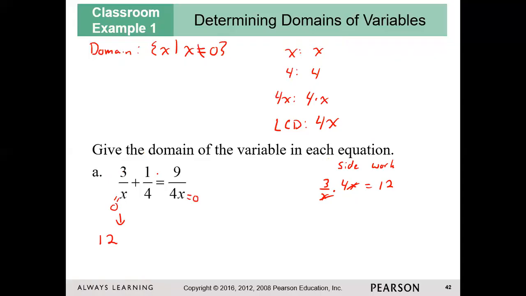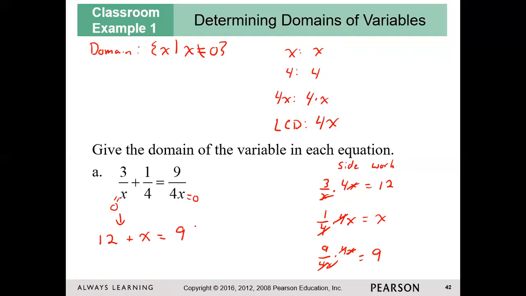Then I'm going to take the second fraction, which is 1/4, and multiply that by 4x, and this time just the 4's cancel, and that leaves you with 1 times x, which is just x. So plus comes along for the ride, and then this 1/4 is just an x now. And then last but not least, we have this 9 over 4x, and if I multiply it by 4x, the 4's cancel, and the x's cancel, which leaves you with just 9.